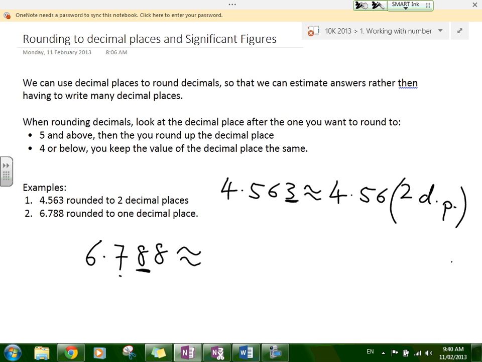Why is that? Yeah, because it's higher than 5. Right, so we end up with 6.8. So make sure when you're rounding as well, not to just write the numbers that you round, but you have to write the rest of it as well. So you can't just write 0.8 because you rounded that place. You have to put the whole number. So it's approximately 6.8, to 1 decimal place.